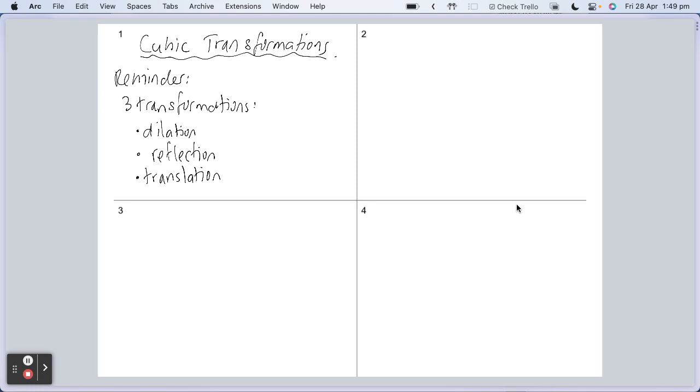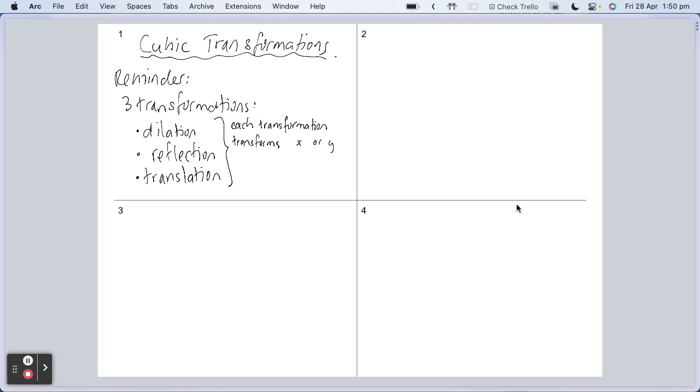Now, I want to remind you: each transformation transforms the x coordinate or the y coordinate. Do you remember? So a dilation will cause the x or y coordinate to be scaled up or scaled down, so it'll be 3 times its position or a third of its position.